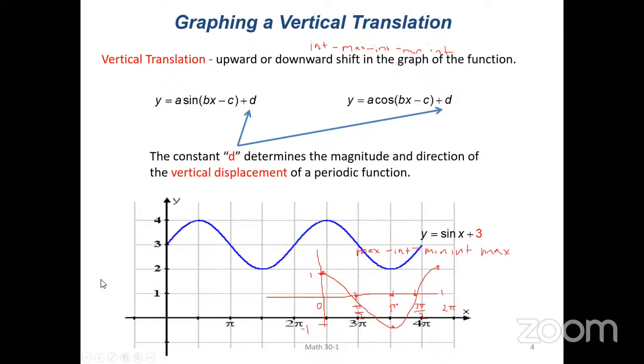Let me clear this. Okay, this is what we were talking about earlier, vertical translation. That D is going to affect the midline. So if you see any number that follows either sine or cosine, that's going to affect the graph. In this case, +3 is going to go up 3, okay? So D determines the direction of the vertical displacement, and it's going to either go up or go down, all right?